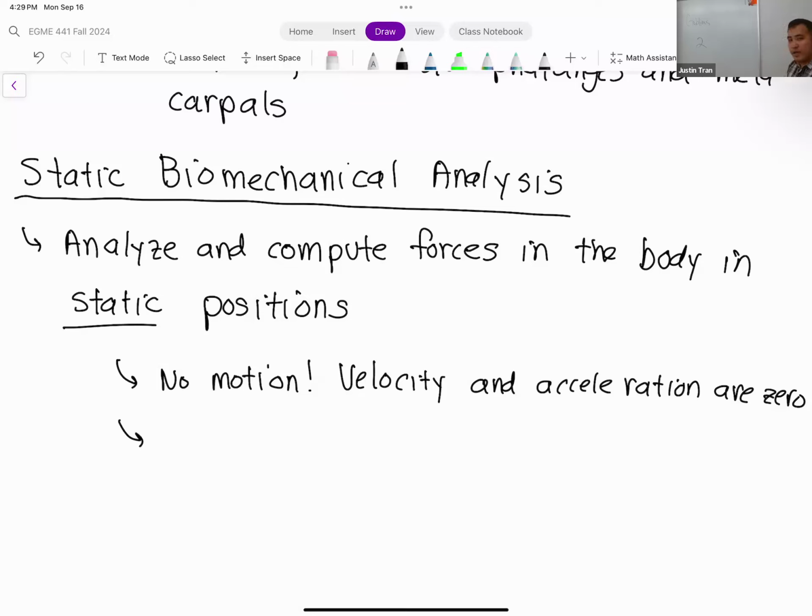What that also means is that when we do our force balances, all the forces and all the moments are going to be equal to zero. Essentially, in this part we're doing rigid body analysis, where we're summing up the forces and the moments on rigid bodies, and setting them to zero.